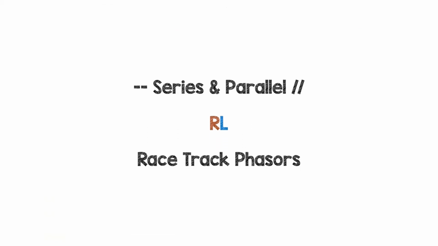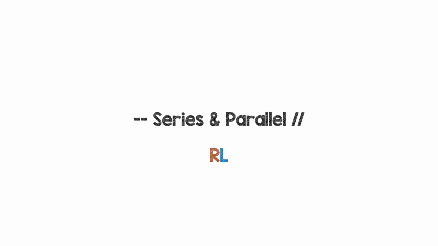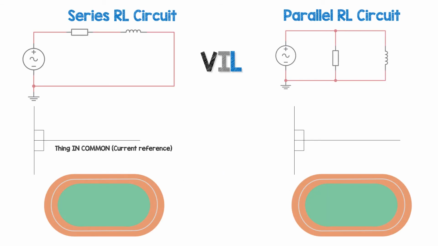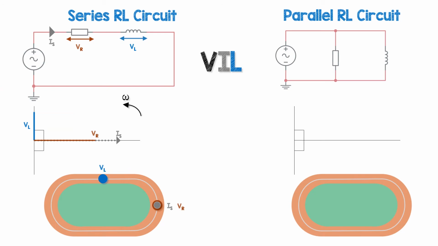Series and parallel RL phasors. So with our series RL and parallel RL, these are the analogies to what we looked at earlier on a racetrack. Supply current for the series circuit is the reference vector. Everything else is with respect to the reference vector IS.